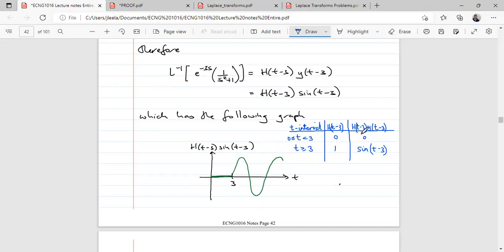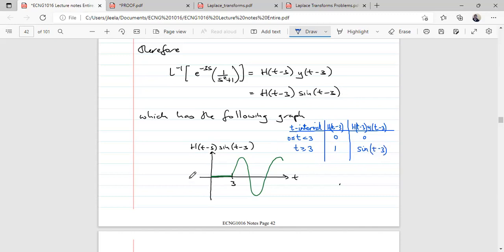So if we multiply the Heaviside by sine of t minus 3, basically for this first row here, multiplying 0 by this function, sine of t minus 3, and 0 by anything is 0. And then for greater than or equal to 3, the Heaviside is defined to be 1.